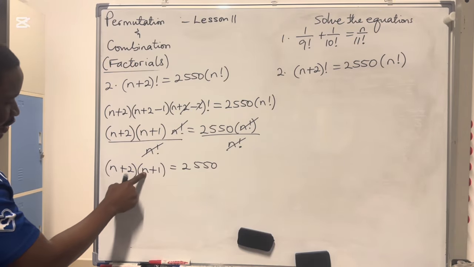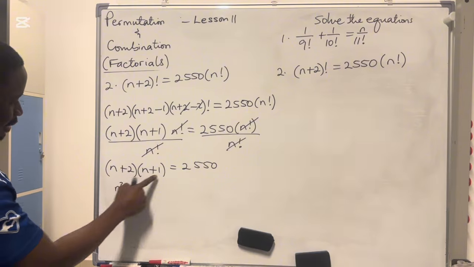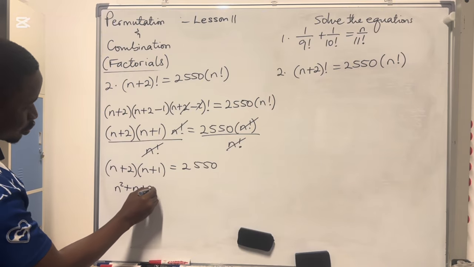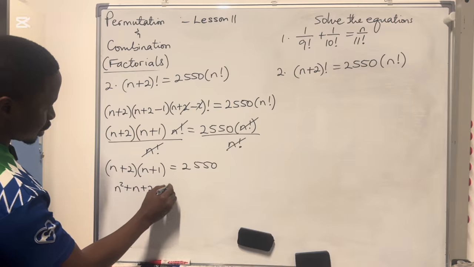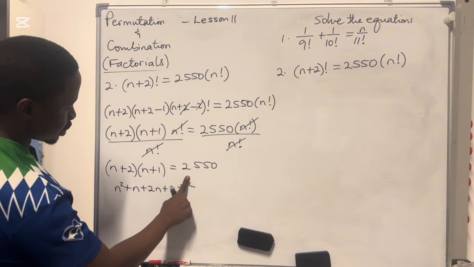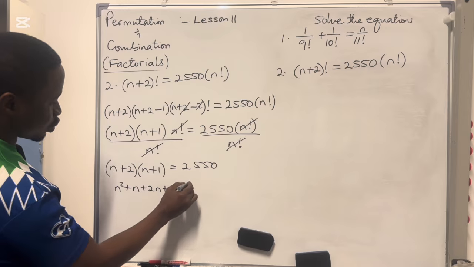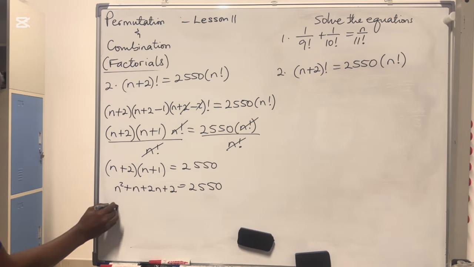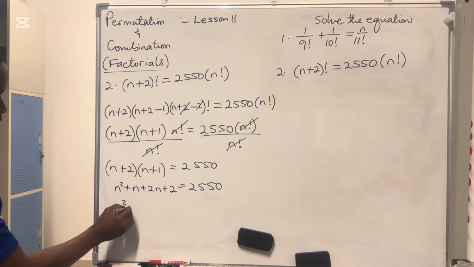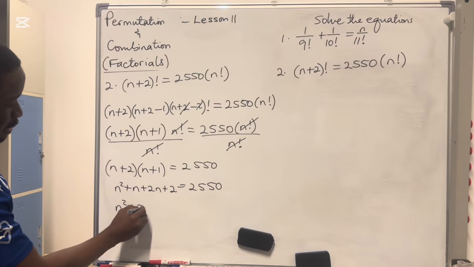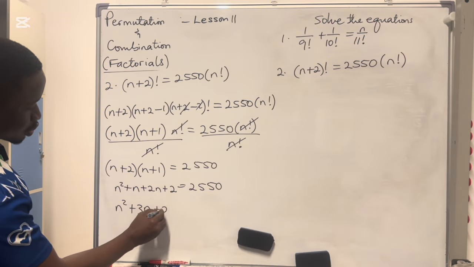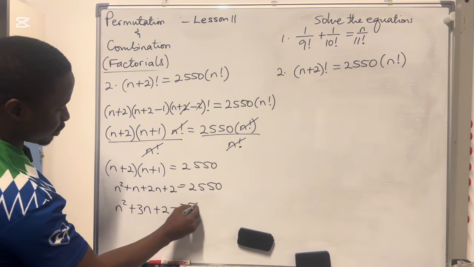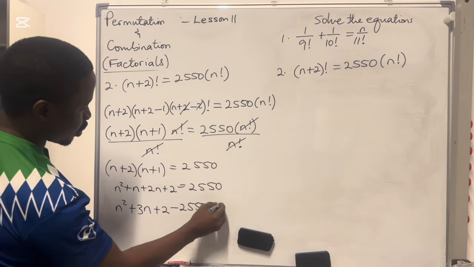So n times n, n squared. n times 1 is n. 2 times n is 2n. 2 times 1 is 2, which is equal to 2550. So n squared, n plus 2n is 3n, plus 2. So we'll bring this one here, minus 2550, which is equal to 0.